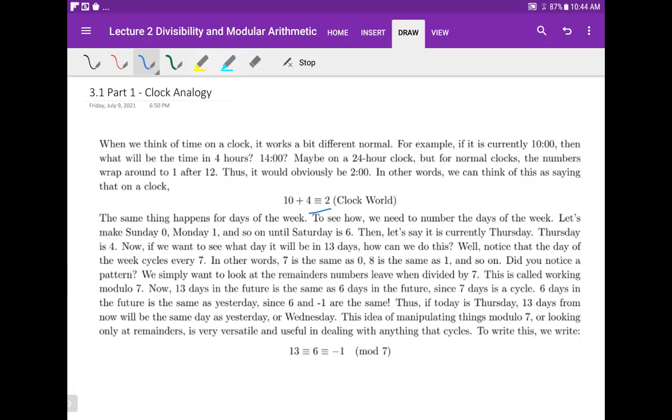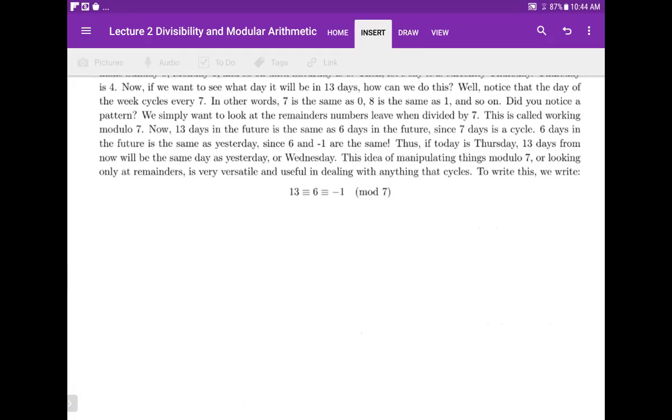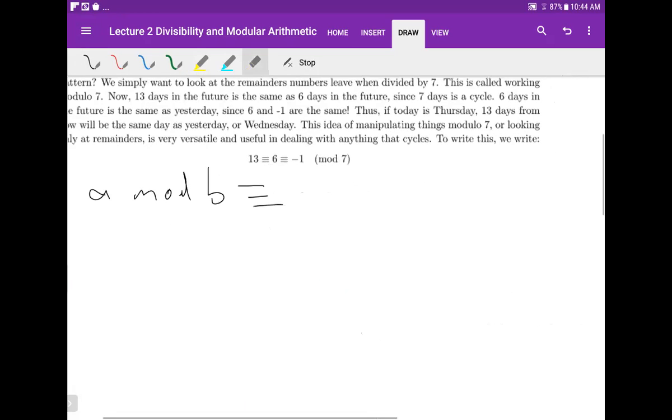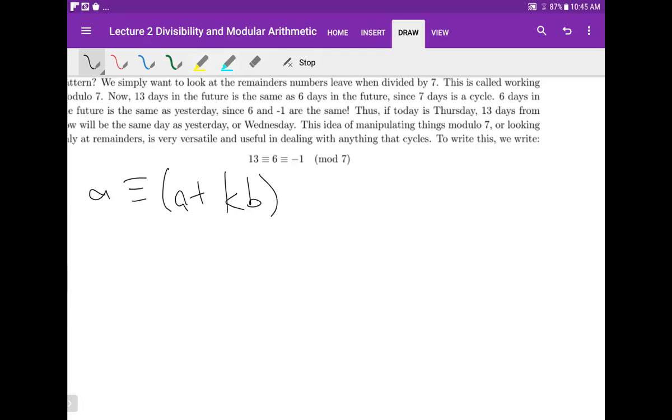So if we have a, sorry, that's not the correct notation actually. It should be a is equivalent to, we use 3 bars because it's modulo, remember, a plus kb, where k is any integer.